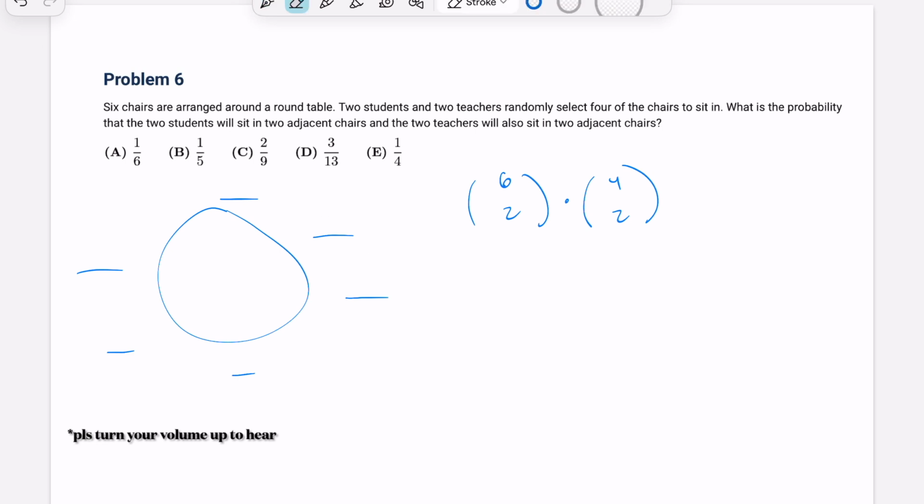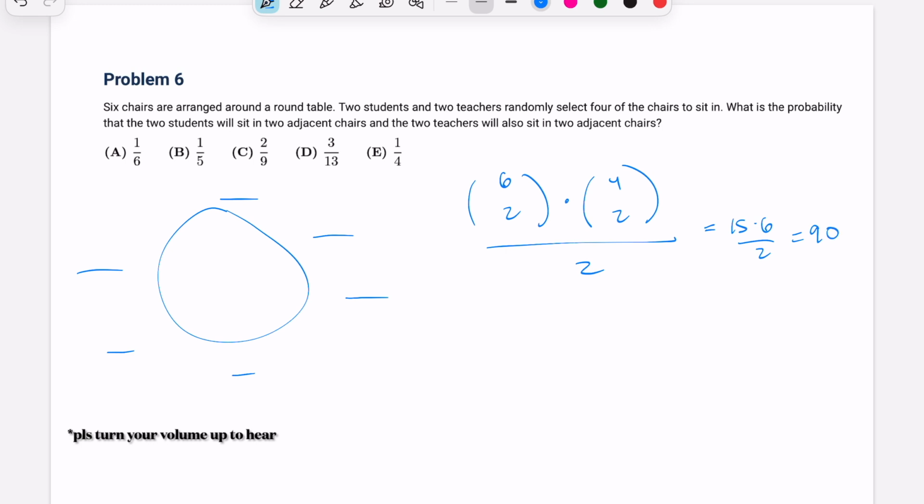We could, but it would give us the same answer at the end, so we're just not going to consider that. So we picked 2 seats for the teachers, 2 seats for the students, and since order doesn't matter, it doesn't matter who sits down first, we're going to divide by 2 to get the total number of combinations. This is equal to 15 times 6 over 2, which is 90.